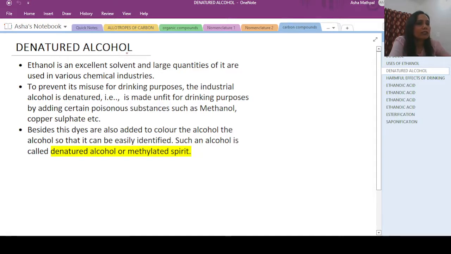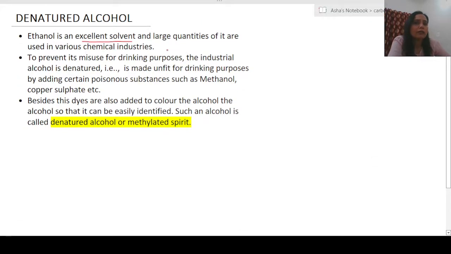Now what is this denatured alcohol and why is it done? Ethanol is an excellent solvent, as you have seen in the previous slide, one of the best solvents used in a lot of industries, but it can also be used for wrong purposes, that is, someone can use it for drinking.